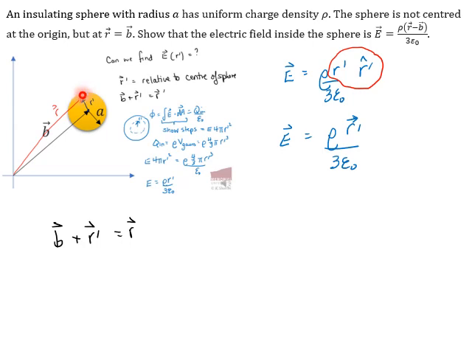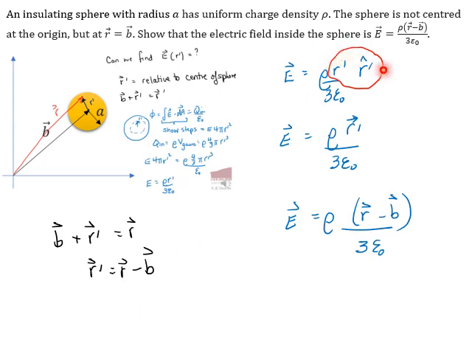The vector r is where we want to find the field relative to the origin of the coordinate system. That means that r primed is equal to r minus b. Okay, let's put that in our expression for electric field. E is equal to rho times r minus b divided by 3 times epsilon naught. And that's the expression we were asked to find.